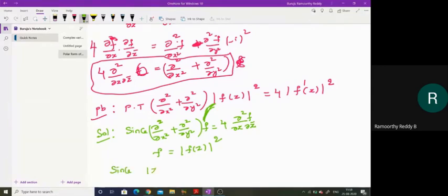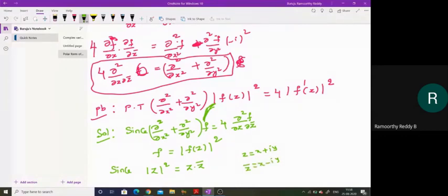Since modulus of z whole square is equal to z into z conjugate, this is our property. Or you can check: z equal to x plus iy, z conjugate equal to x minus iy.